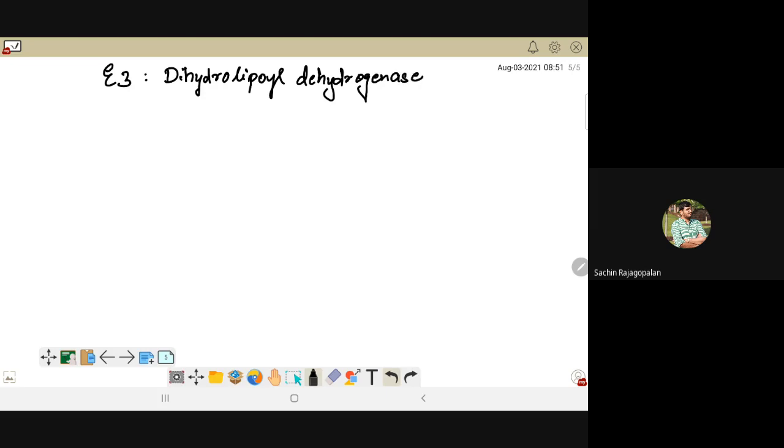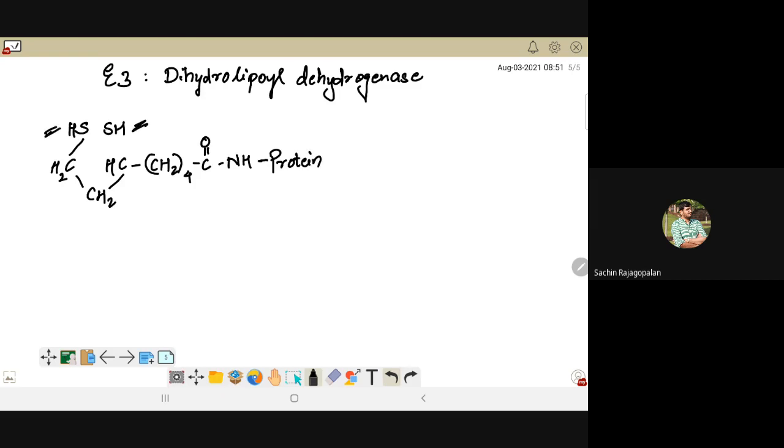Here we will remove hydrogens, we'll carry out oxidation, right? So right now our structure looks like this. If I want to convert this to its oxidized form, I need to remove the hydrogens which are associated with sulfur. This is what I'm going to remove from reduced lipoic acid.